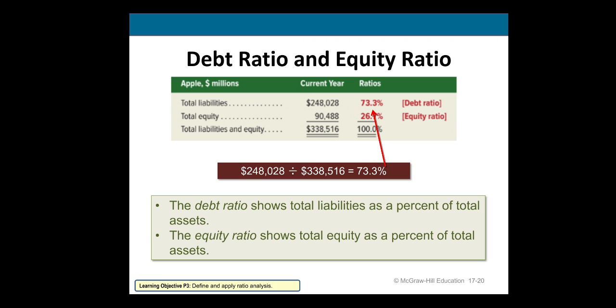The way to understand it is like this. Let's say it is you, a person. Imagine your total asset is $20,000. Make it simple, $20,000. You as a student have $20,000, but your debts are $15,000.